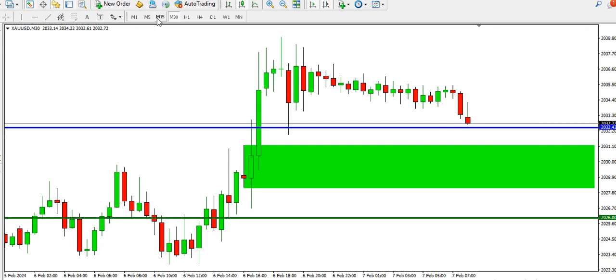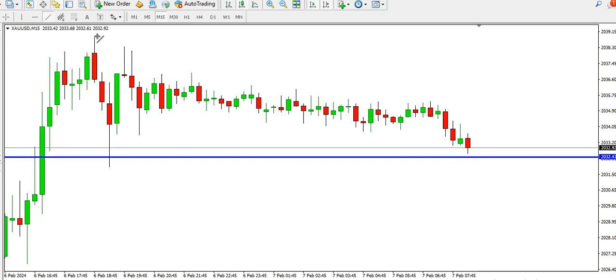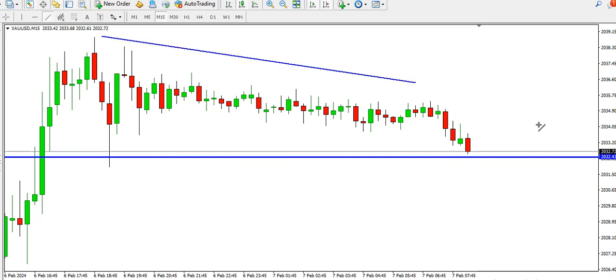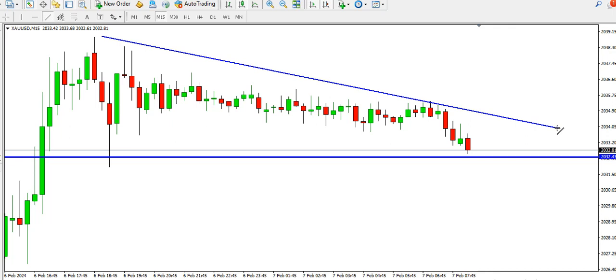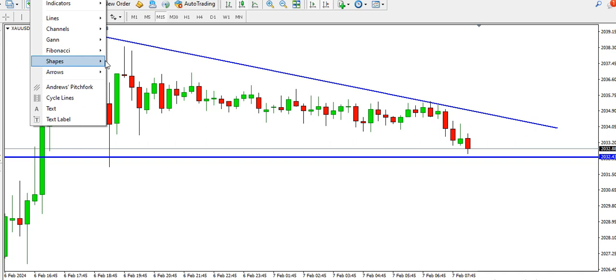On the 15 minutes time frame, what do we have? You can see that the trend line on the 15 minutes time frame is respected. Price is respecting the descending trend line, and we have this demand around here.